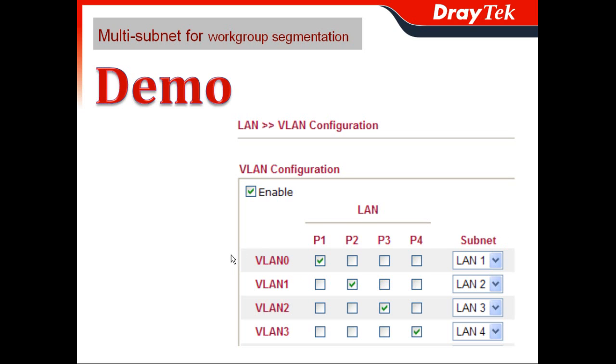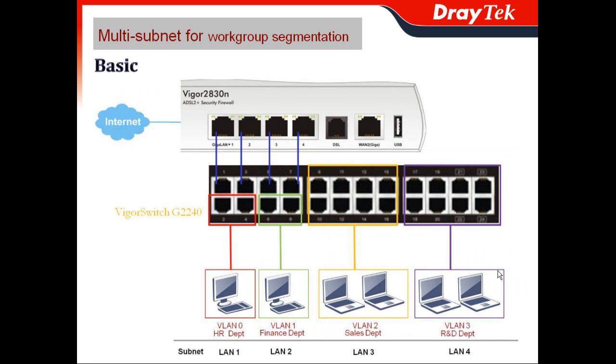For example, in the VLAN 0 line, you can define that data going to the HR department needs to go to LAN port 1 and belongs to subnet LAN 1, just like our scenario. Here, you know the data comes from LAN port 1, goes to the HR department, and belongs to the subnet LAN 1.